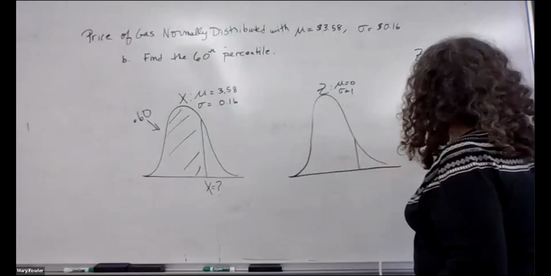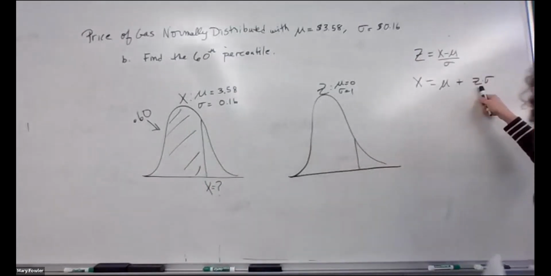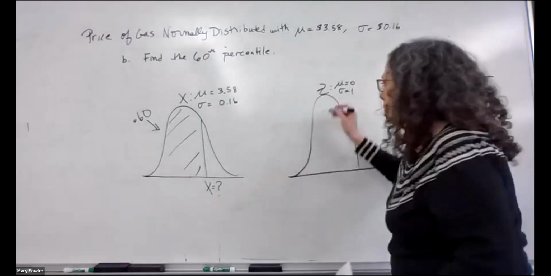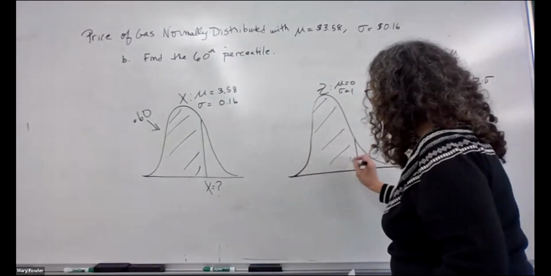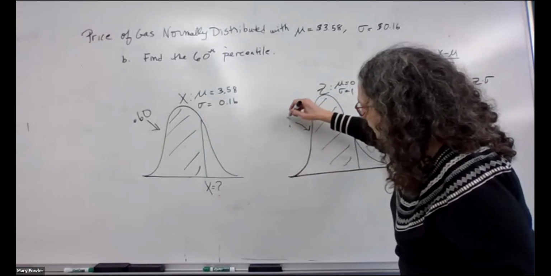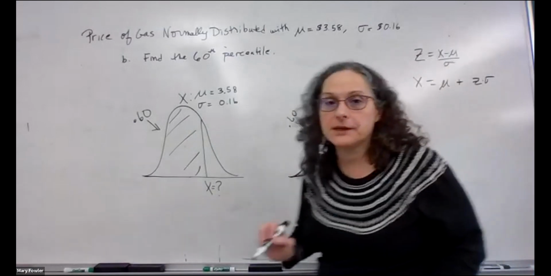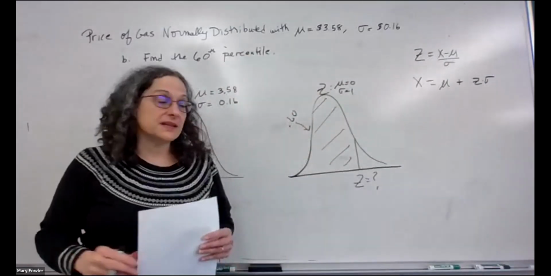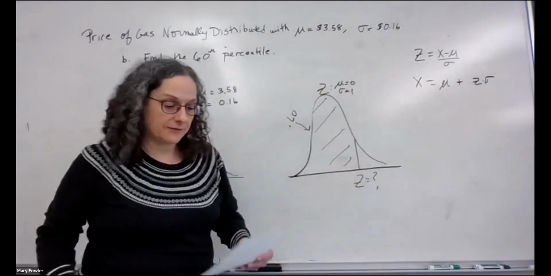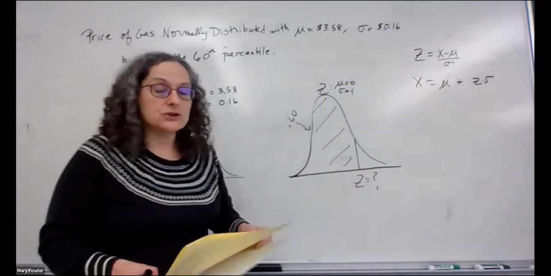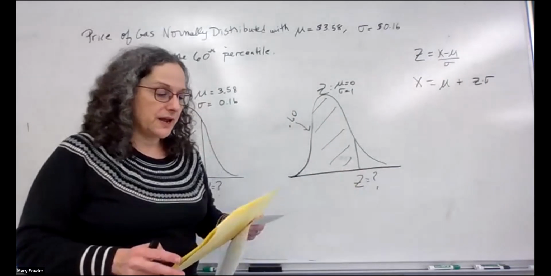Then once we get the Z, we're going to put that bus in the other direction to find the X. So the first thing we're going to do is determine what Z value has the property that 60% of the area is to the left of it. And we want to go into your formula card, into your table.